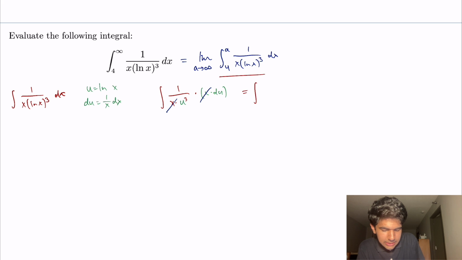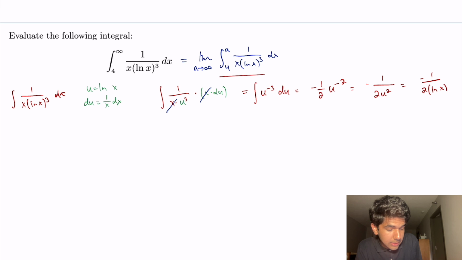We can rewrite this as the integral of u to the negative 3 du, and now this is a simple power rule, negative 1/2 u to the negative 2, which is equal to negative 1 over 2u squared, and now we'll substitute in for u, which we said was equal to ln of x. So that's our integral evaluated.